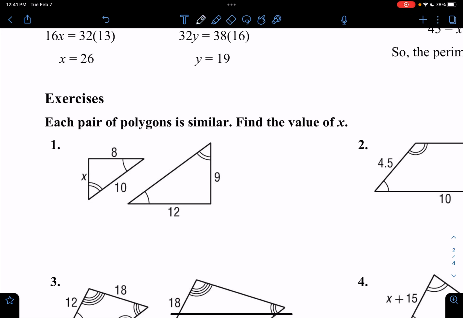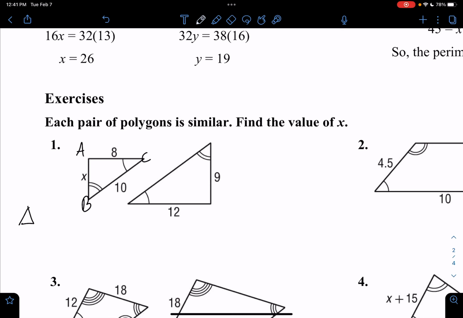So I'm going to start over here. I'm going to say triangle ABC. A is the angle with no marking. Let me find over here the angle with no marking.